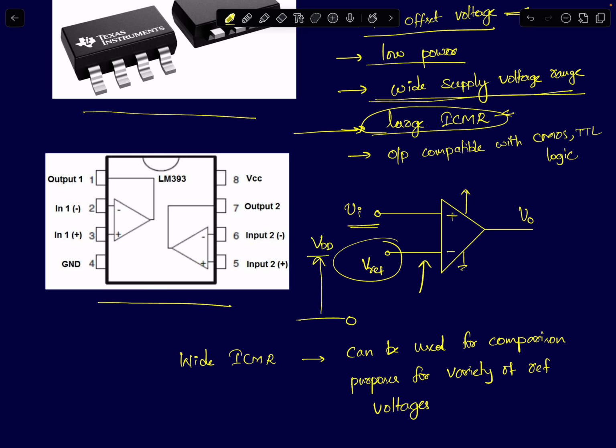Okay, so remember, a comparator becomes active when your input signal approaches the reference. That's when your comparator goes into the high gain region, which means this amplifier should have very high gain for a wide range of common mode voltages. See, the differential voltage is 0, but the absolute values of Vi and Vref can be anything.